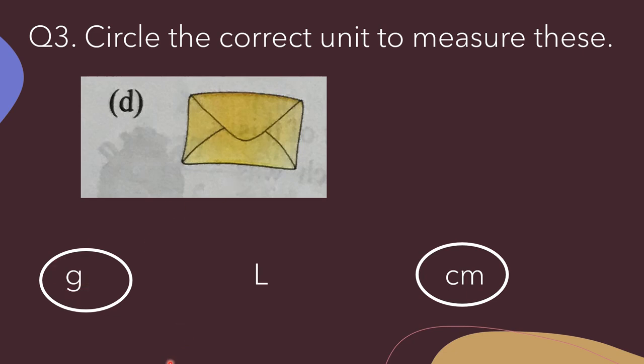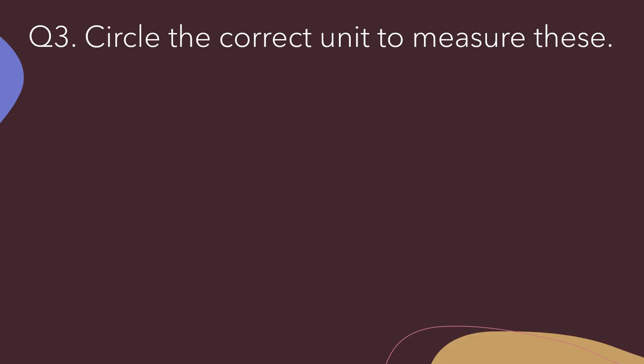Okay, that's why we will write the answer grams or centimeter. It depends on what we have to find out, length or weight of this envelope. Okay, if we want to find out the weight of this envelope, we will use gram, and if we want to find out the length of this envelope, then we will use centimeters. Okay.